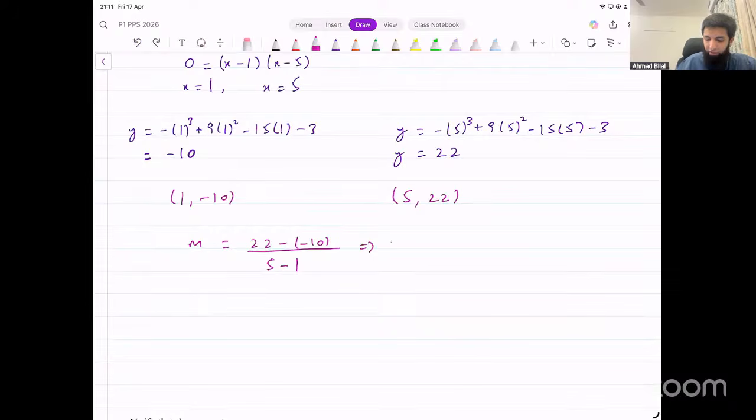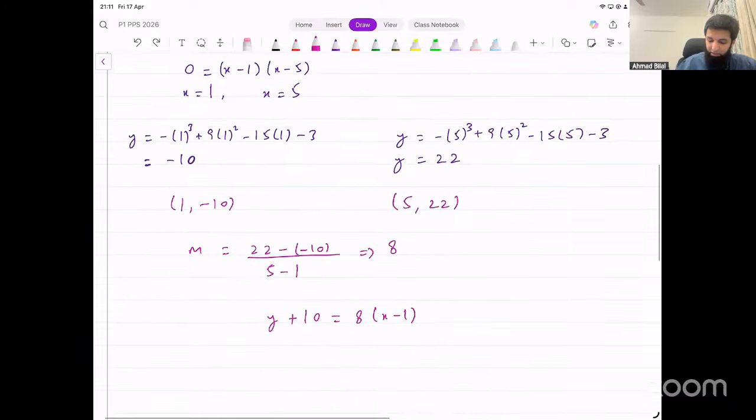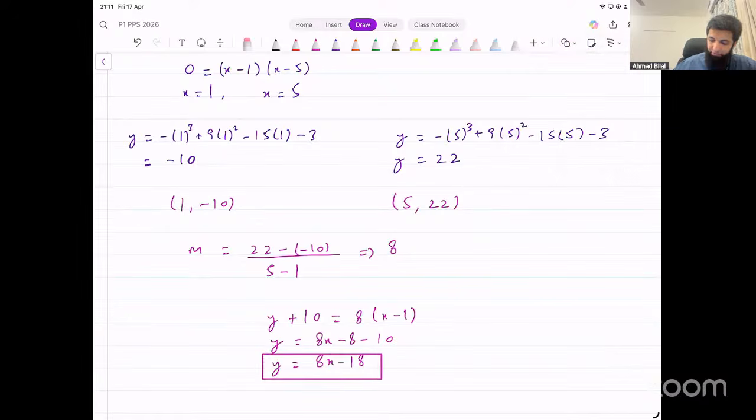Now we can write down the equation y minus y1 equals m into x minus x1. Using the first point, I get y plus 10 equals 8 into x minus 1. Now we need to show that it simplifies to this: y equals 8x minus 8 minus 10, and that gives us 8x minus 18. That's the equation of the line we were looking for.